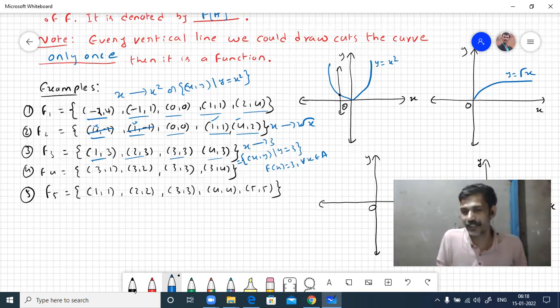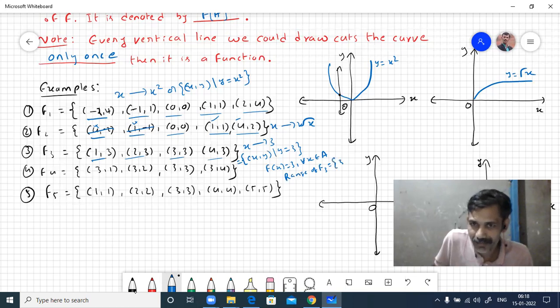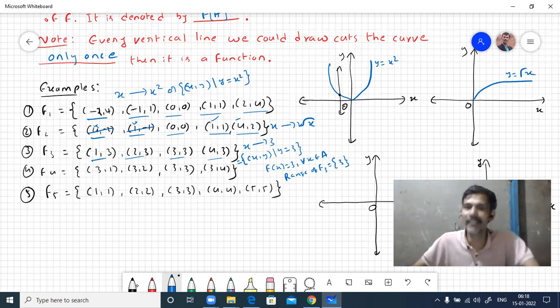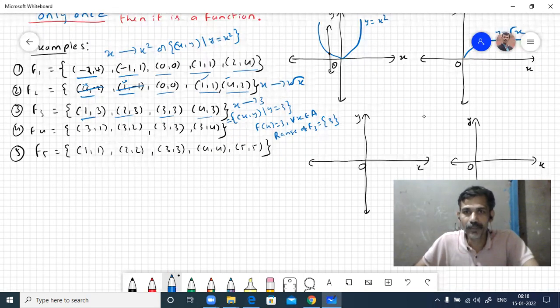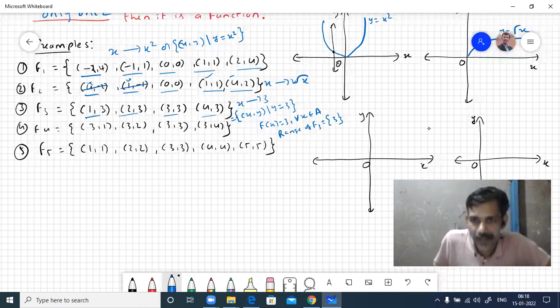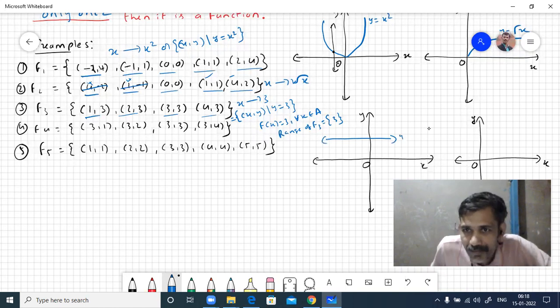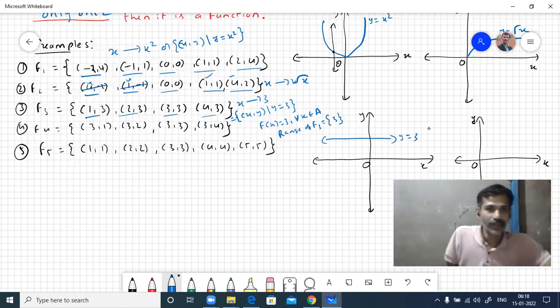The range of f is 3 only, a singleton set. The graph is y equal to 3. It is a function.